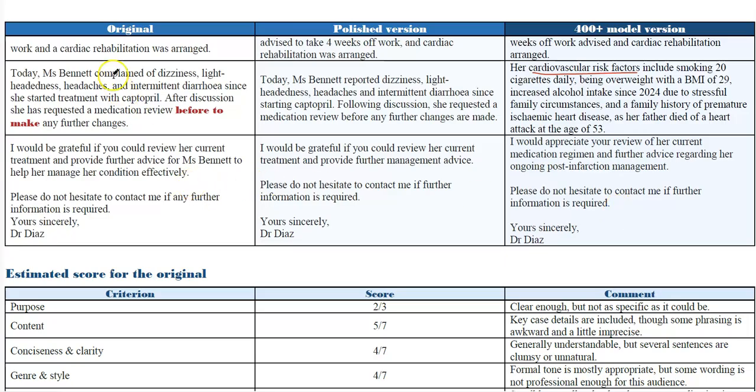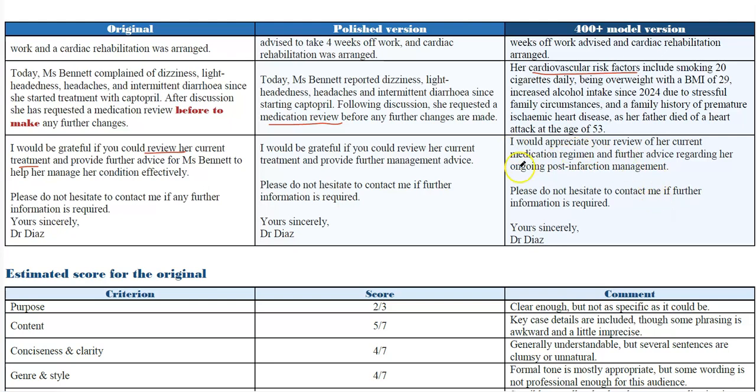And in the original and the polished version, which simply polishes the original, you've got today's visit. Following discussion, she requested a medication review. Okay, I would be grateful if you could review her current treatment for management advice.